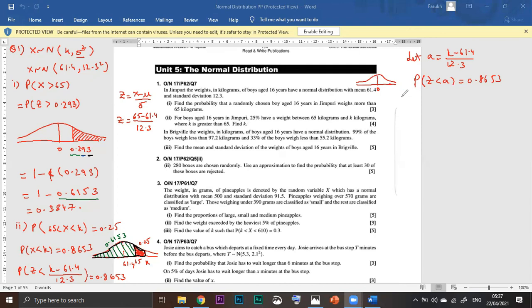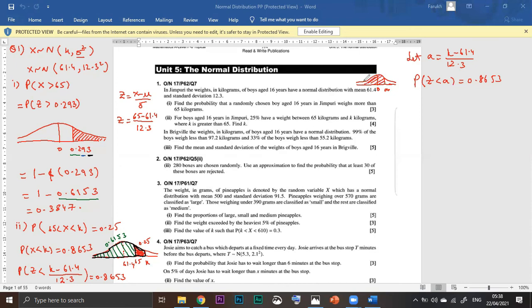Positive. Okay, let's say positive. Now this one is a. Area on the right hand side of 0 is 0.5, on the left hand side of 0 is 0.5 because the total area under the curve is 1. Now area to the left of a is 0.8653. Yes.